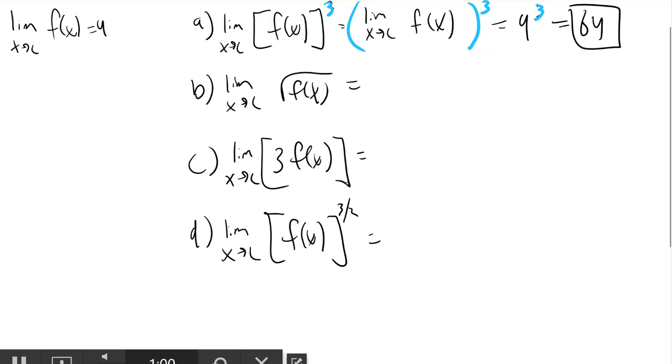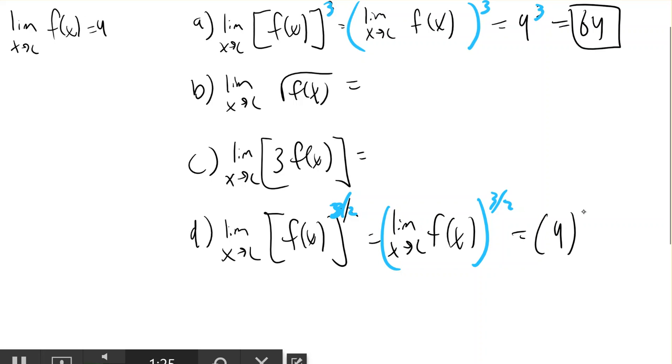This to the 3/2 is like saying the limit as x approaches c of f of x to the 3 over 2. Just raise it to the power of 3 over 2 afterwards. So the limit as x approaches c of f of x is the one that was given to me.